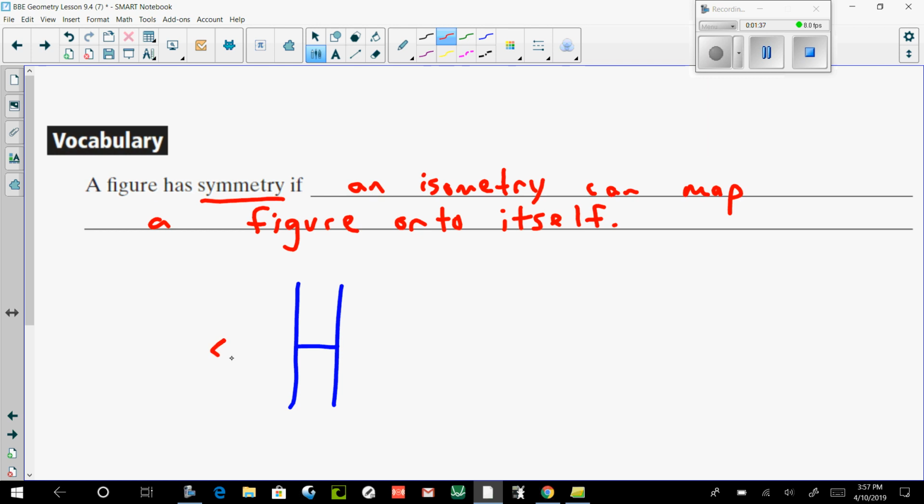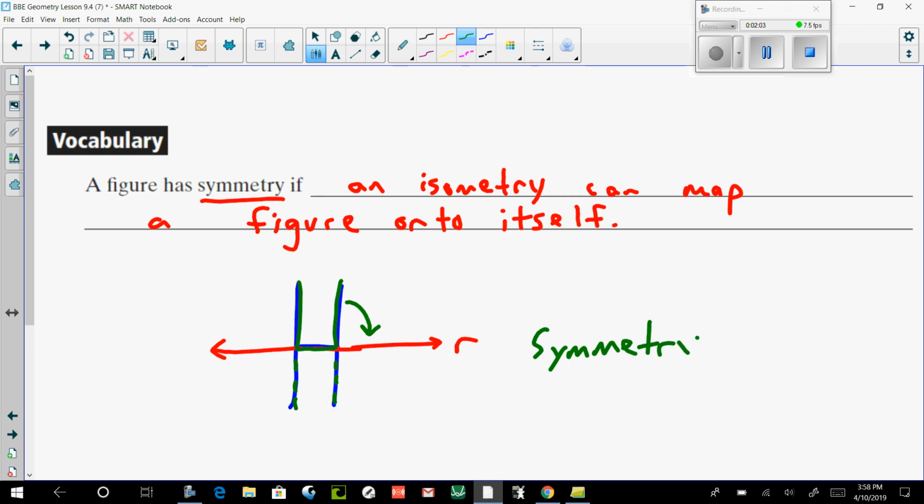For example, if I use this as a line of reflection, and I reflected this part of the H over that line of reflection to here, that is going to map exactly on top of itself, which makes this figure have symmetry.